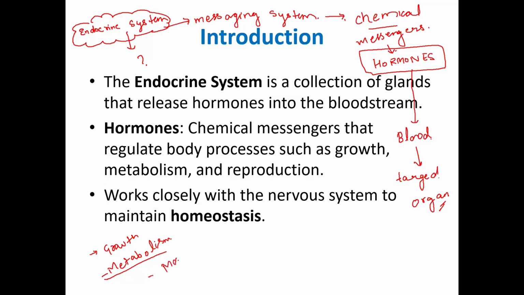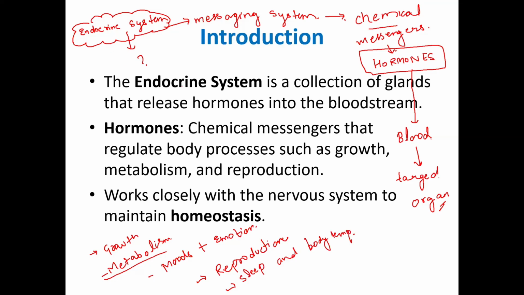Hormones also control our moods and emotions, reproduction, which activates formation of the egg and the sperm, the sleep cycle, and body temperature as well.